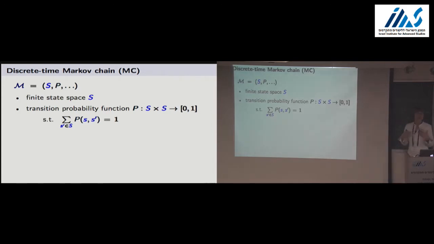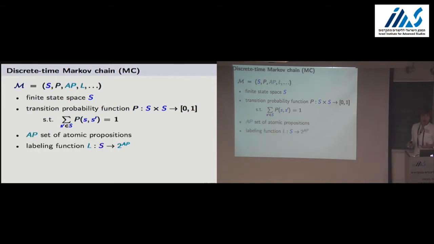This probabilistic evolution can be described by a matrix with rows and columns for each state. And so if you fix the first state S and you sum up the probability values, ranging over the second state S prime, then you expect to get the value 1. So indeed, we would like to have a distribution for each state. And all these values are between 0 and 1, and, not stated on that slide, when talking about algorithms, I suppose that these values are rationals.